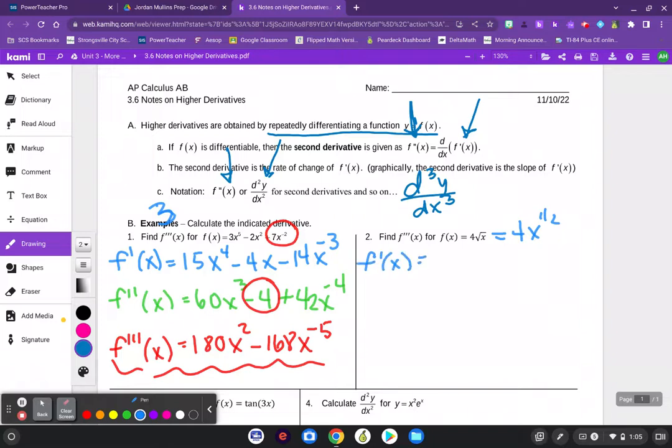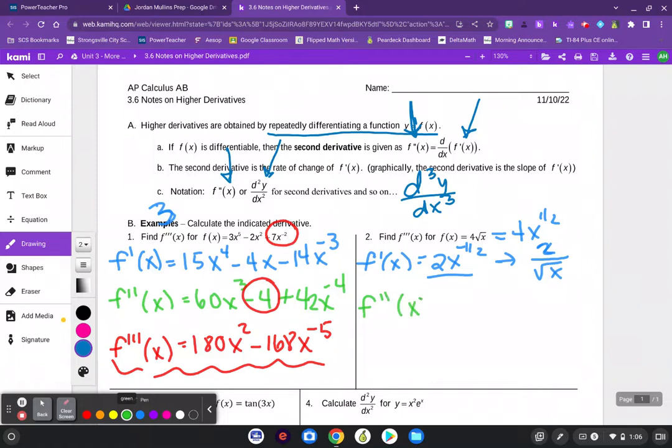When I take that first derivative, I get 2x to the negative 1/2. But I'm not going to worry about putting this back into root form because I have to take the derivative again. And if I put this back into root form of 2 over the square root of x, I would have to convert it back to this form in order to take that next derivative. So don't work harder than you need to.